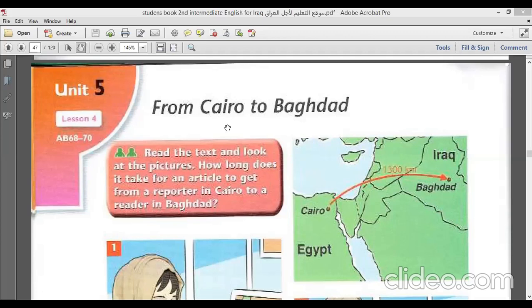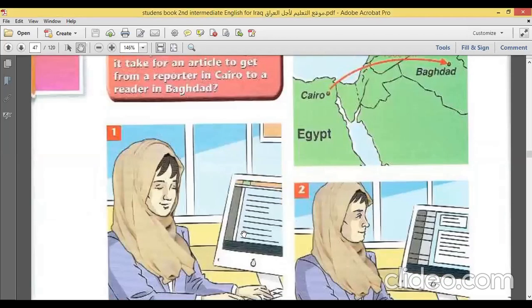An article is written in Cairo. Yes, this is a sentence. Can anyone read it? Are you ready? Come on, be courageous enough. Yes, Sidra. Yes, Dalal. Another one. Choose another one.